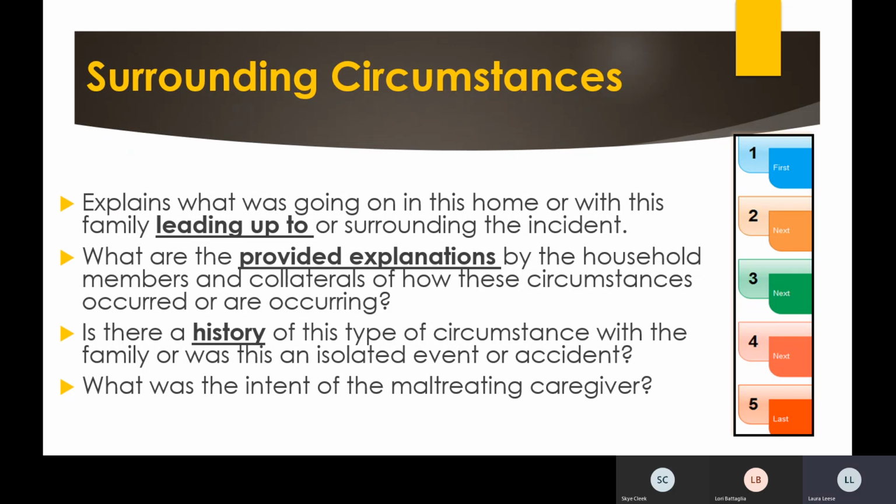Does this family have an ongoing circumstance of the same substance or maltreatment, or was it an isolated event or an accident? This section should also talk about what was the intent of the maltreating caregiver. So it is easy to see how these 2 sections, when you see them on the assessment, are linked together.